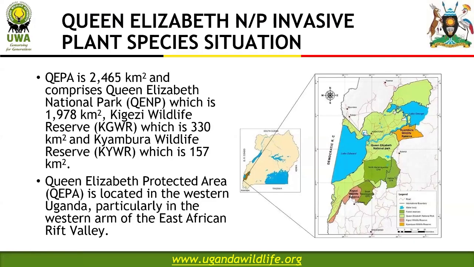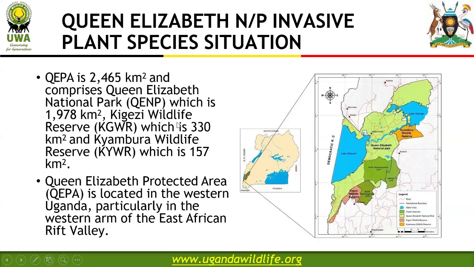Yes, to Queen Elizabeth Conservation Area, this is where the problem is too much, because the available literature tells us that over 50% of the area has been covered or invaded by different invasive plant species.